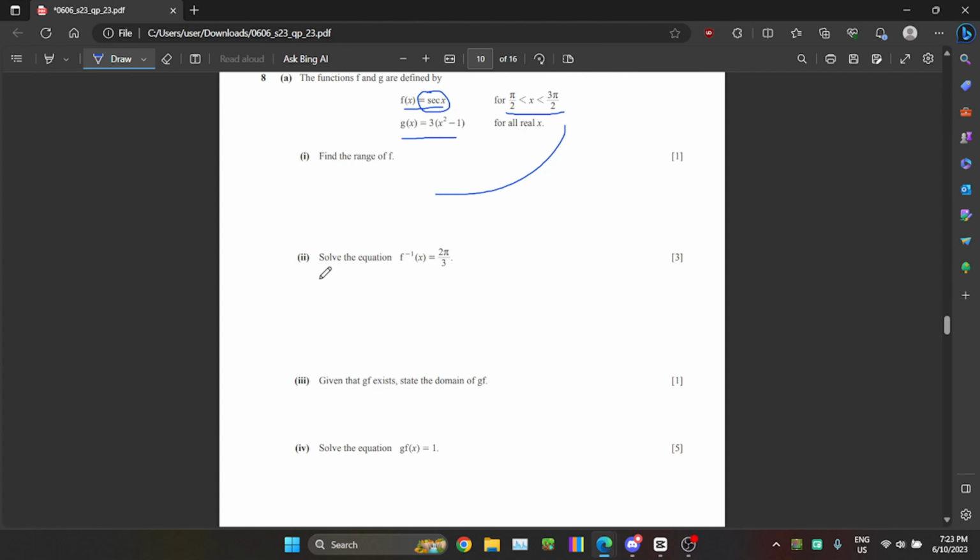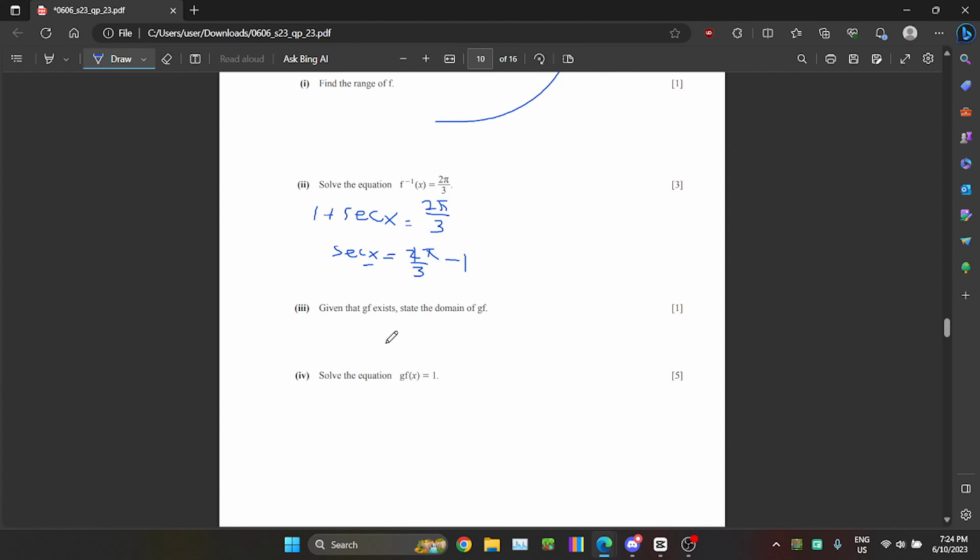So the inverse should be 1 plus sec x. Yes. So it's saying that this equals 2 pi over 3, if I'm not mistaken. So if 1 plus this is this, that means sec x should be 2 pi over 3 minus 1.